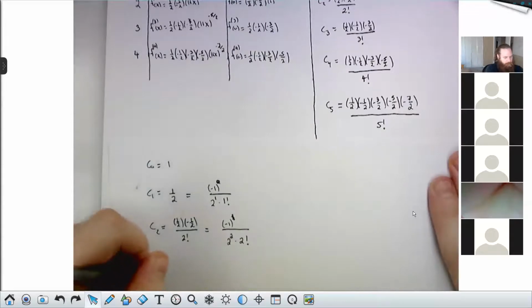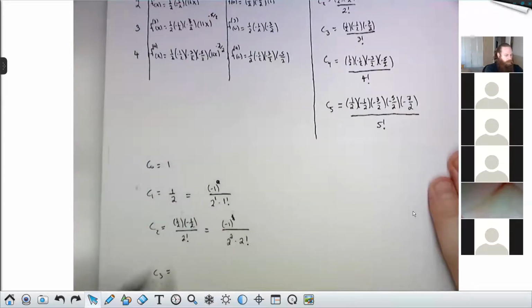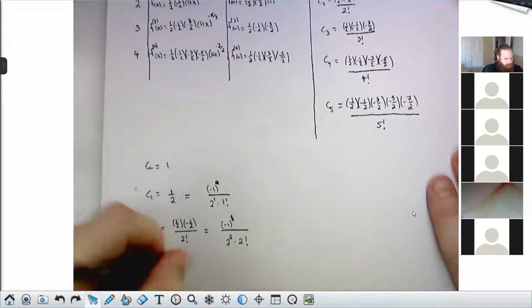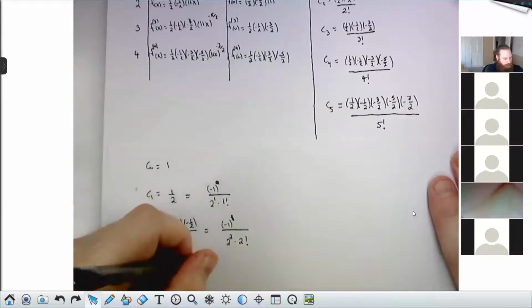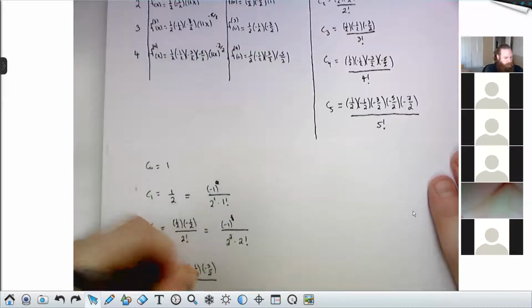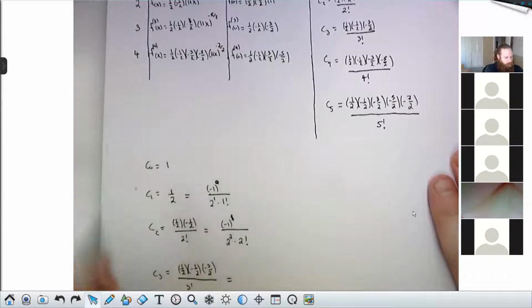C3. So I'm just trying to write these as a function of the index. C3 was 1/2 times negative 1/2 times negative 3 halves, right? All over 3 factorial. So what do we have here? I've got 2 copies of negative 1, right?